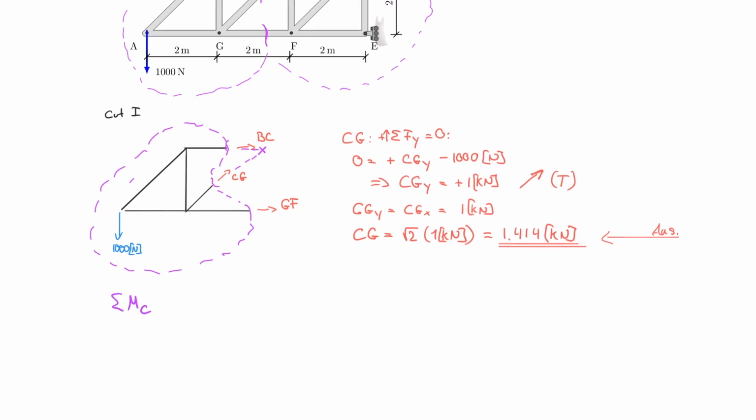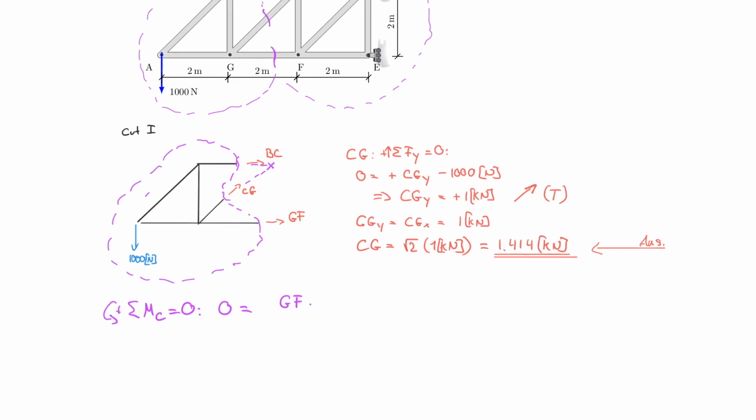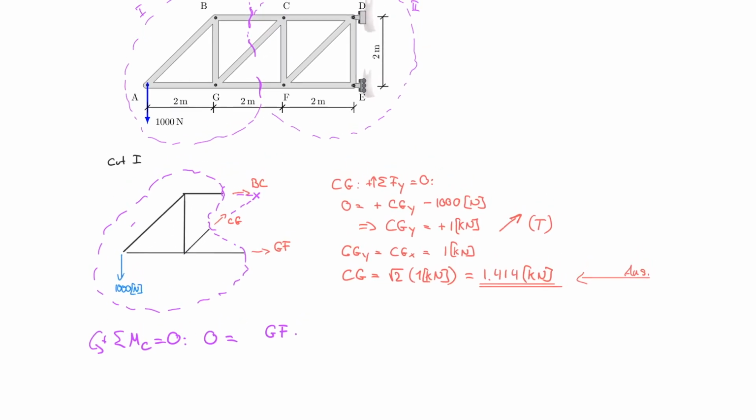Sum of the moments about point C is equal to 0, counterclockwise positive, and 0 is equal to, I start with my unknown, GF multiplied by 2 meters, right? So the height of the structure is 2 meters. And now I have to decide what the rotational sense is. If I assume GF in tension initially, it turns counterclockwise, so therefore it's positive. So positive GF.